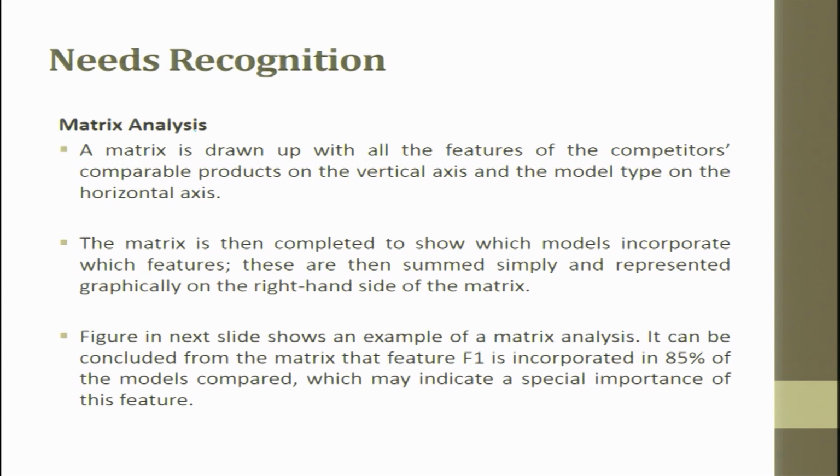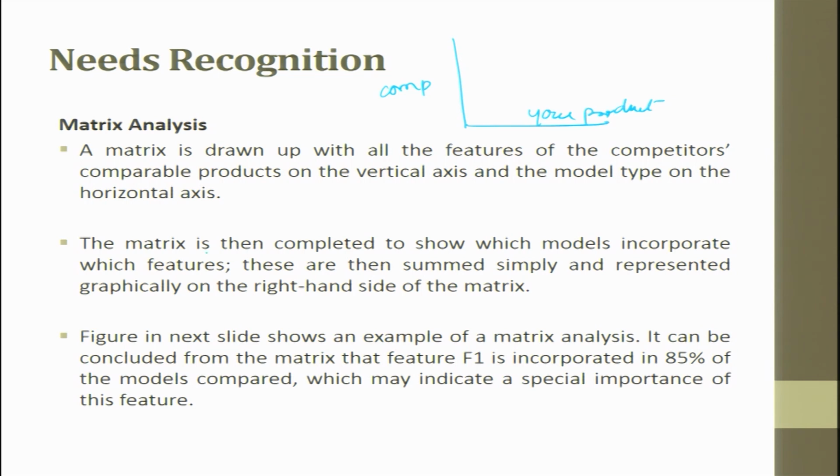Matrix analysis is drawn up with all the features of the competitor, comparable product on the vertical axis and the model type on the horizontal axis. So, you put it here and then you put it here. This is the competitor and this is your product. And then you try to see how your proposed product is better than the competitor.